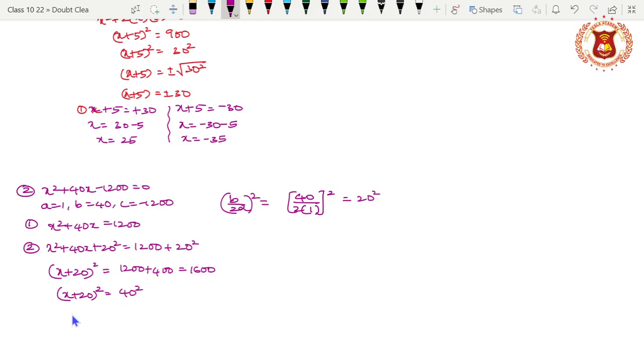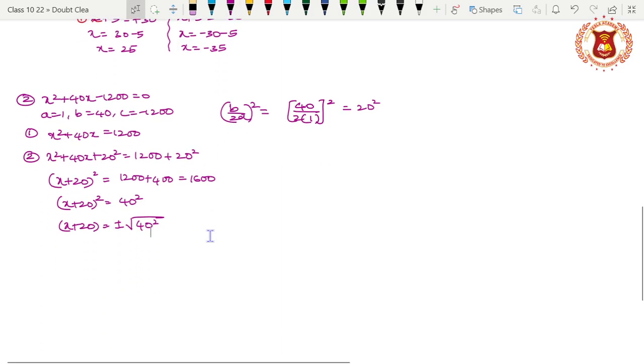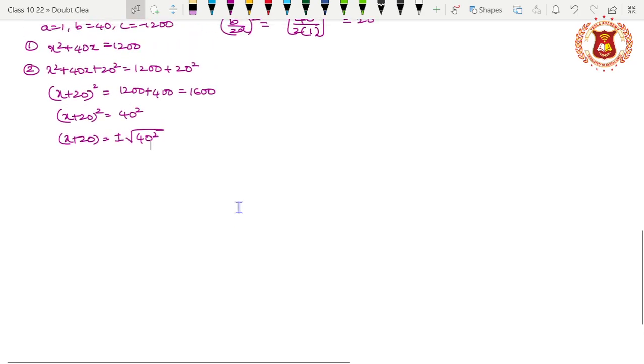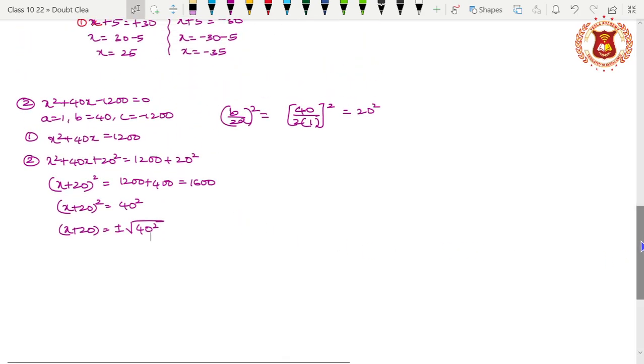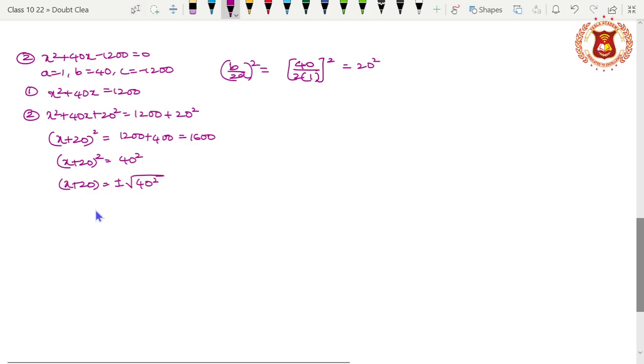Now the next step is take square root both sides. X plus 20 is equal to plus or minus, as usual, root of 40 square. Now x plus 20 is equal to plus or minus 40, right? The square root will cancel out the exponent 2 here.